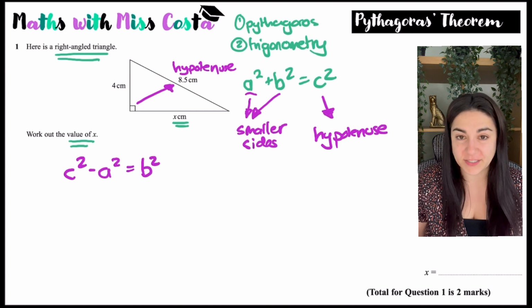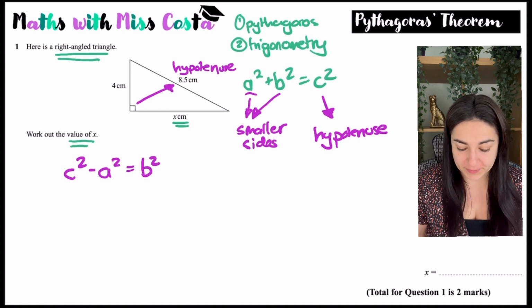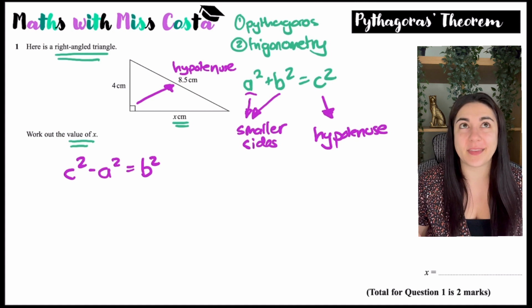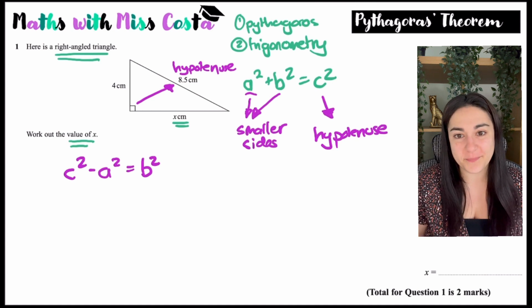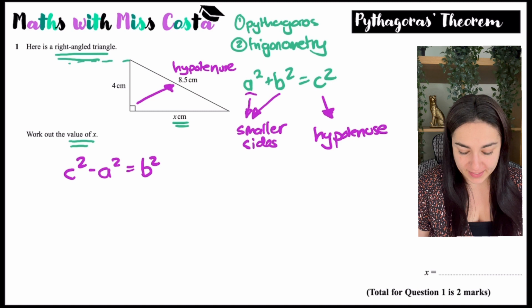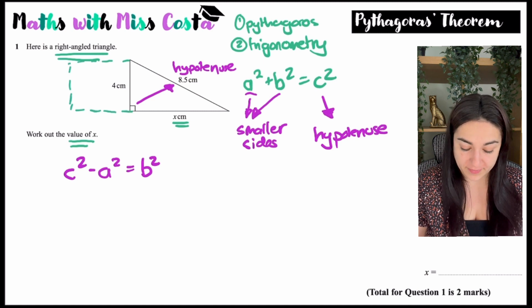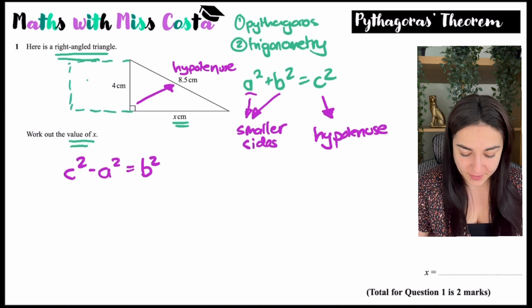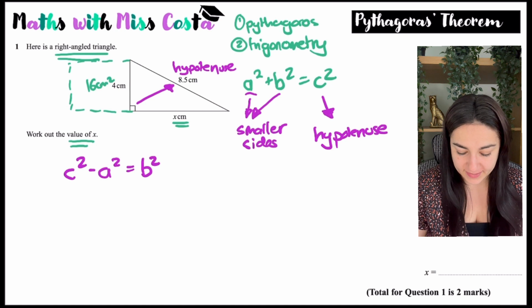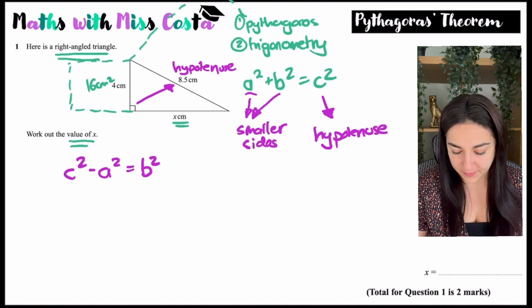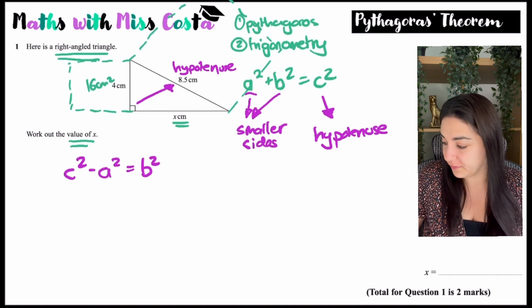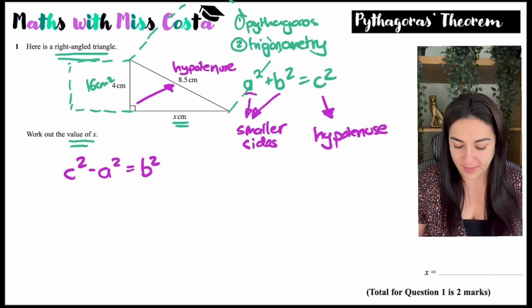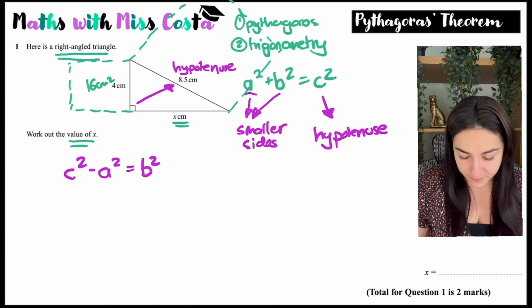And the reason I do that is because Pythagoras was based on essentially if we drew a square around each of the sides. So over here you've got a square of length 4 centimeters, which would be 16 centimeters squared. Here you have a square of length 8.5 centimeters, so the area of that would be 8.5 times 8.5, which is 72.25.